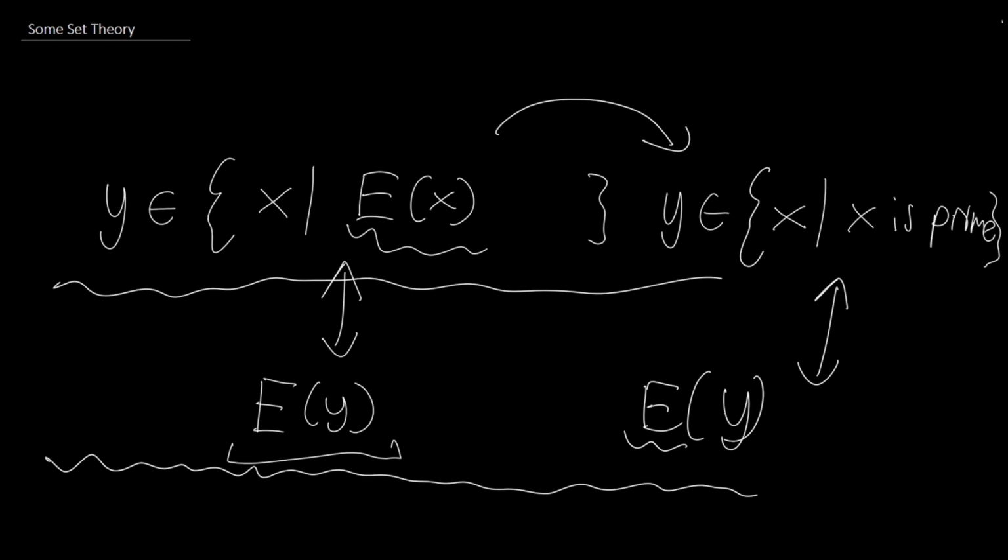And is the bottom one and the top one true? Well, certainly, because y being part of this set over here means that y is prime, because it is part of the set of all prime numbers, whereas the bottom statement tells us that y is prime, because that's literally what this statement means. So this is a good thing.